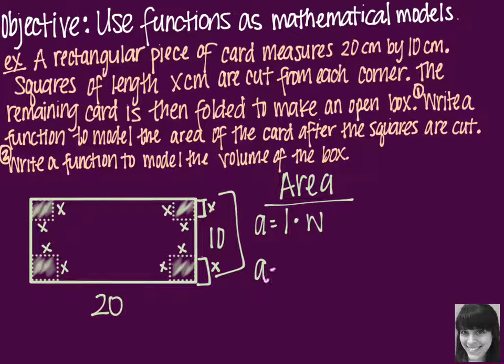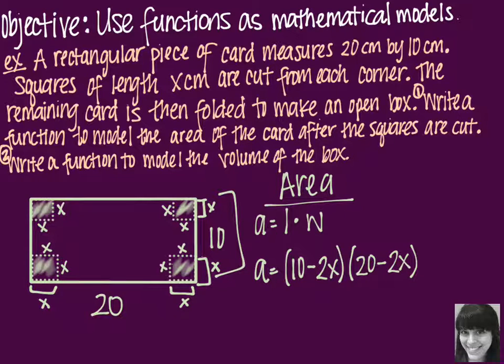So area is going to be 10 minus 2x times, same thing on the side with the 20, these have a length of x and x. So I'm going to have 20, and then I'm taking away 2 x's. Because that's the length that is being cut out. This is the model for the area.